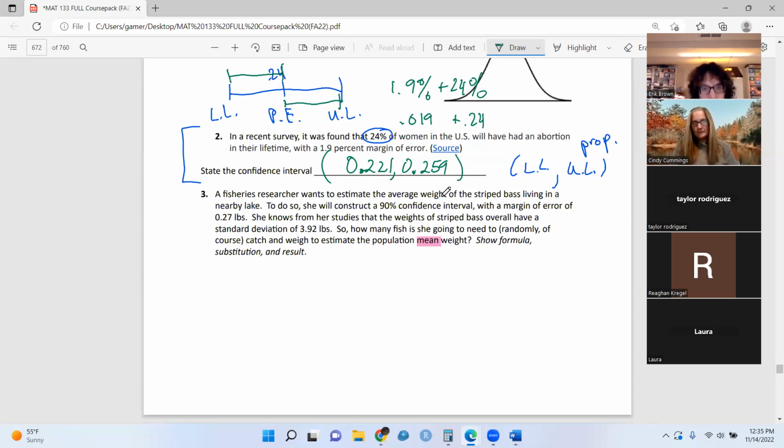Okay, good. We've established that number 3 is a mean. Have we established what question we're being asked? How many? Good. So which formula are you using?